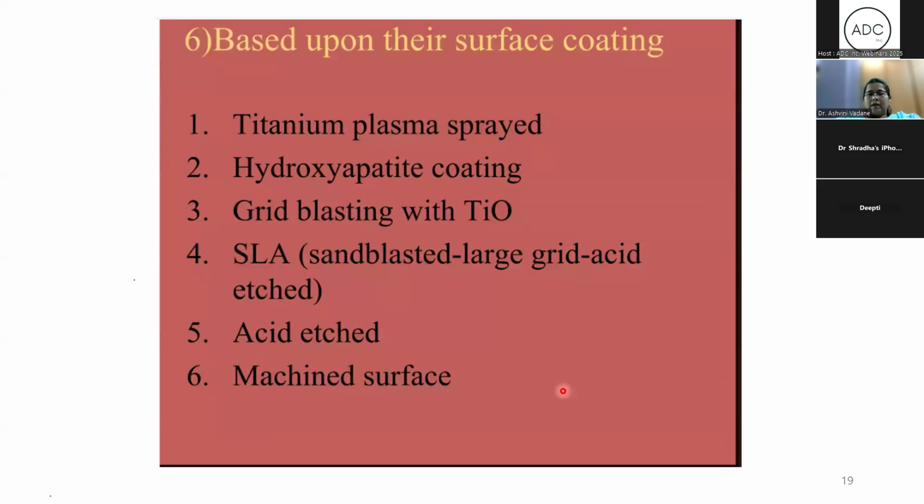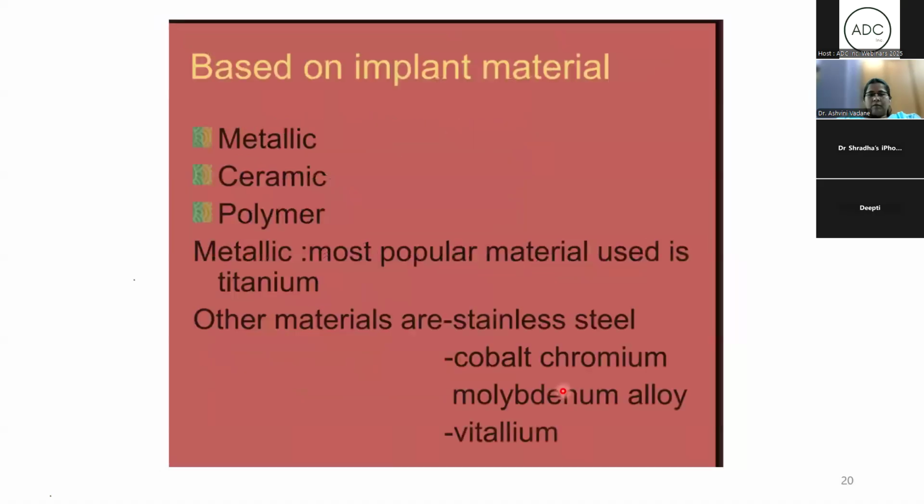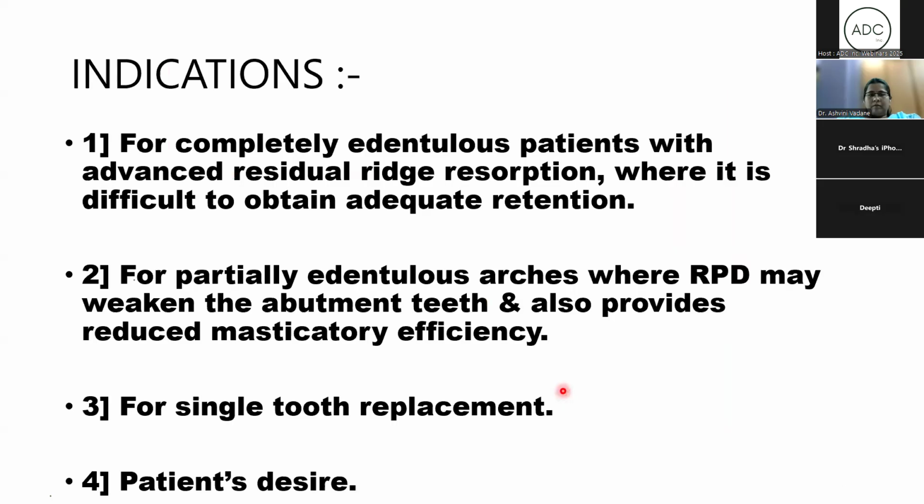Then SLA. SLA is the sandblasted large grit acid etched. The fifth one is the acid etched and machined surface. After that, based on the implant material, it can be metallic, ceramic or polymer. These are the various types.